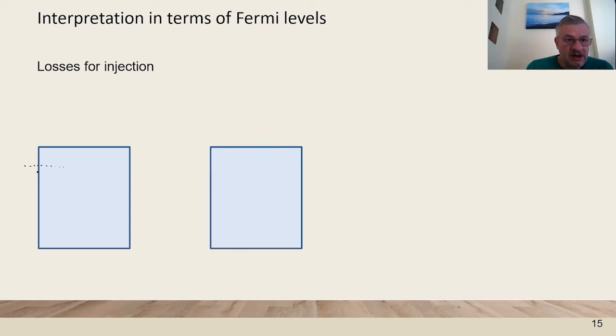This will be a very good contact because there is injection of electrons with no cost in the Fermi level. But if there is an interfacial layer or somehow the contact is not so good, then we will need a step of the Fermi level to enter the charge here. And there will be a cost now in the Fermi level and a loss of energy at this interface.